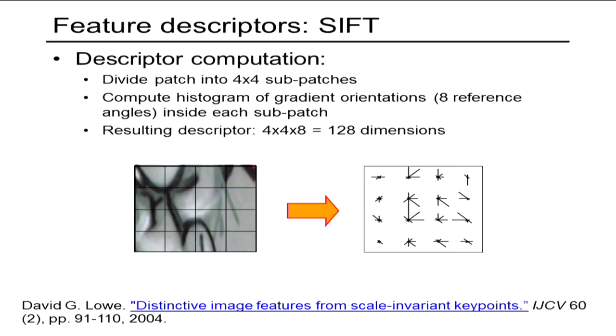Another way of representing patches is what's called the SIFT descriptor. The SIFT descriptor is another way to histogram your filter responses. The idea is that you take a patch, divide it into a 4x4 grid, and then histogram the set of oriented filters that you computed within each cell of the grid.